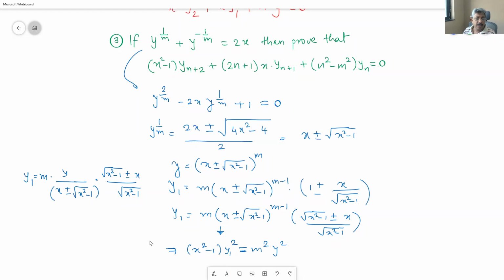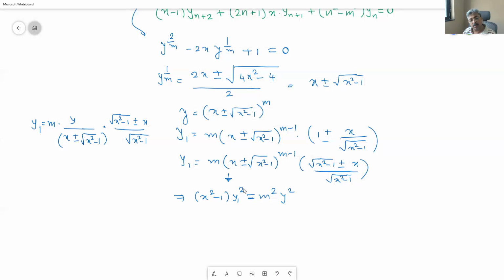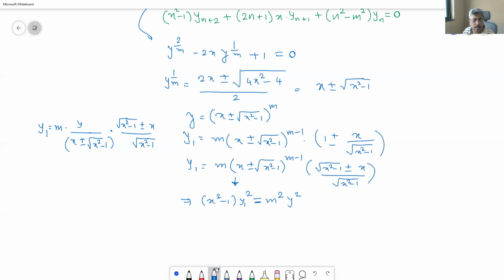So further we solve from here, and you can spend some time to arrive at this stage from this stage, but it is true. Now differentiating one more time with respect to x, we get 2 times x square minus 1 into y1 y2 plus 2 x y1 square is equal to 2 m square y1.